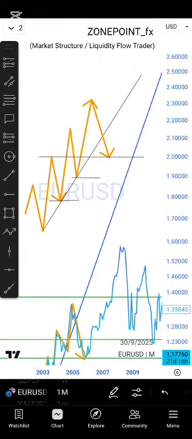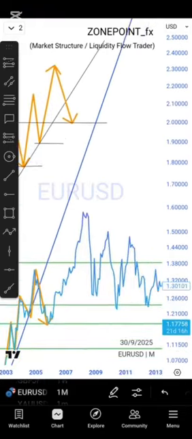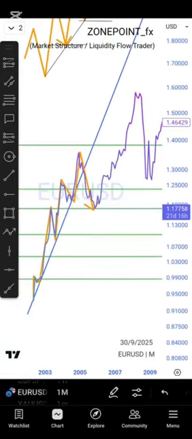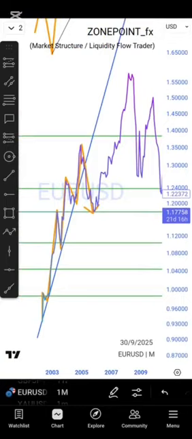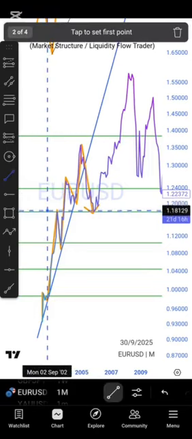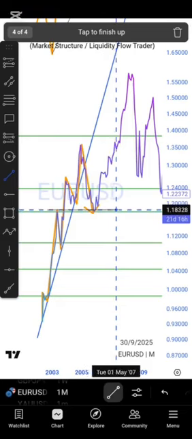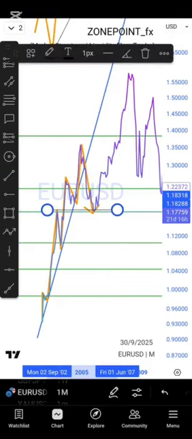So let's now go back to the chart. We can see that, with what we explained, there was a swing high, swing low, swing high, swing low, because this is monthly, and this is the previous higher high that price used.